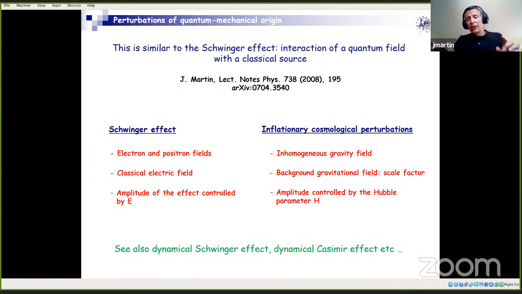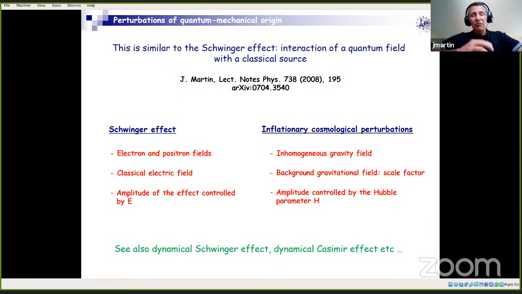You have a quantum field associated with electrons and positrons, fermions, and this quantum fermion field is in interaction with a classical source, a classical electric field. And Schwinger has computed, as a result, the number of particles that are created due to this interaction.